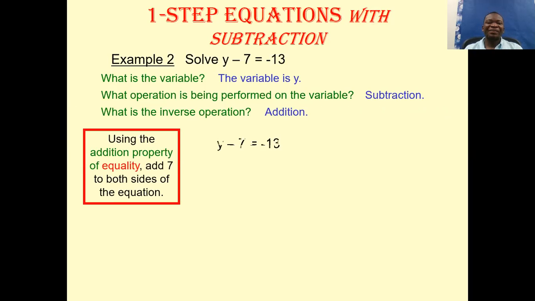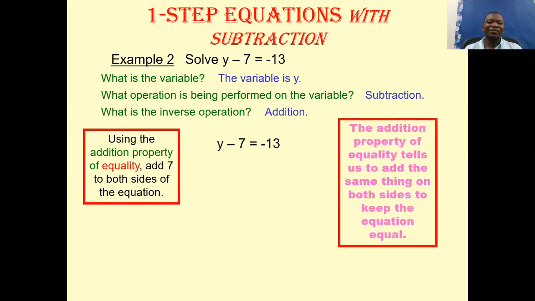If you do that, y minus 7 equals -13. We add 7, and these two 7s cancel out. We isolate our y to get -13 plus 7, which gives us -6. We then check to see if it's correct by substituting the value y equals -6 into that equation.